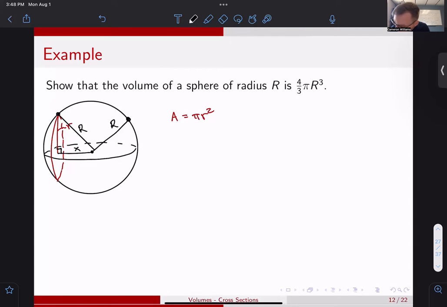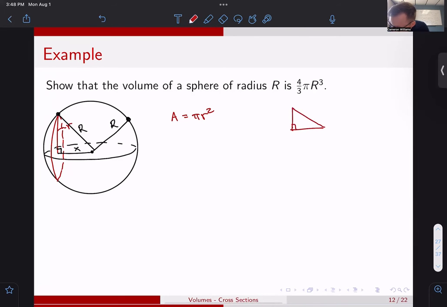So let me redraw that just because it got a little cluttered. So what we have is something like this. We have our hypotenuse, that's the radius, big R. We had our little r. Actually, let me change colors here. Try that again.